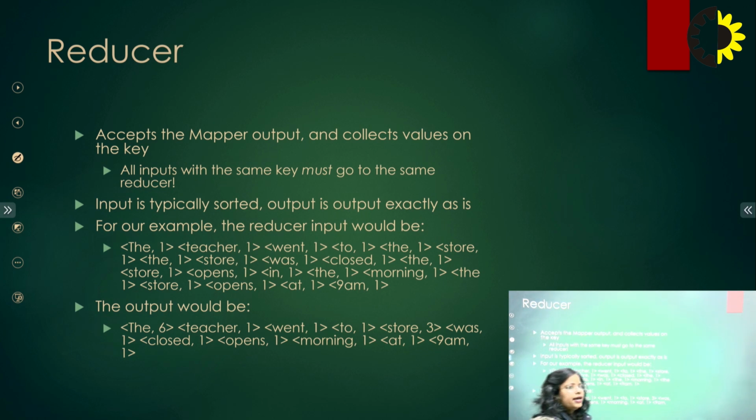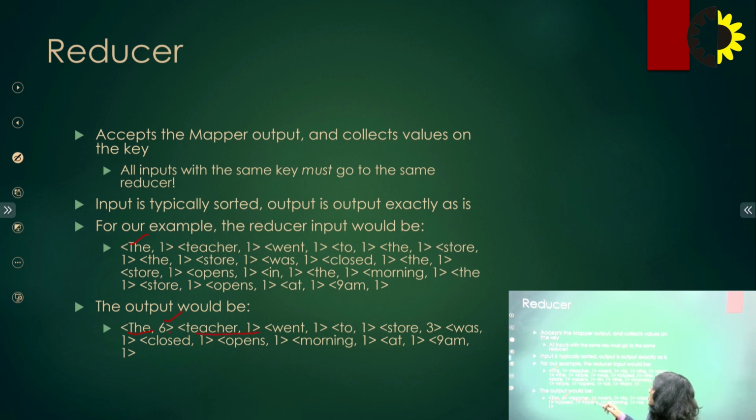The reducer accepts the mapper output and collects values by key. All inputs with the same key must go to the same reducer. So we calculate the occurrence of the and write its frequency in the value pair. Here the frequency of the is 6.